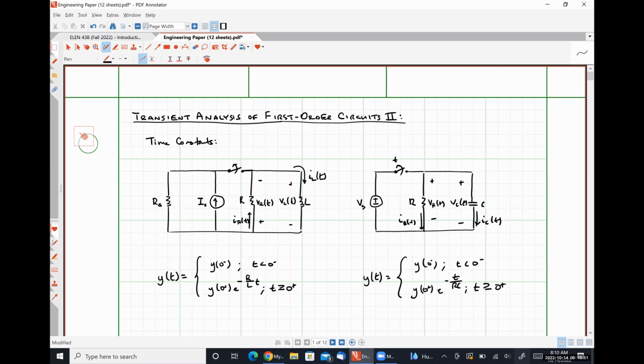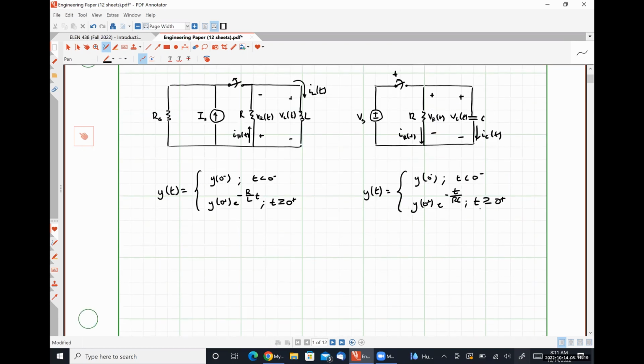Because these things behave so similarly, electrical engineers have developed a quantity called a time constant that simply relates that rate of decay. From an engineering perspective, we don't care if it's an RC circuit or an RL circuit. We just want to know what the rate of decay is so that we can quantify it.